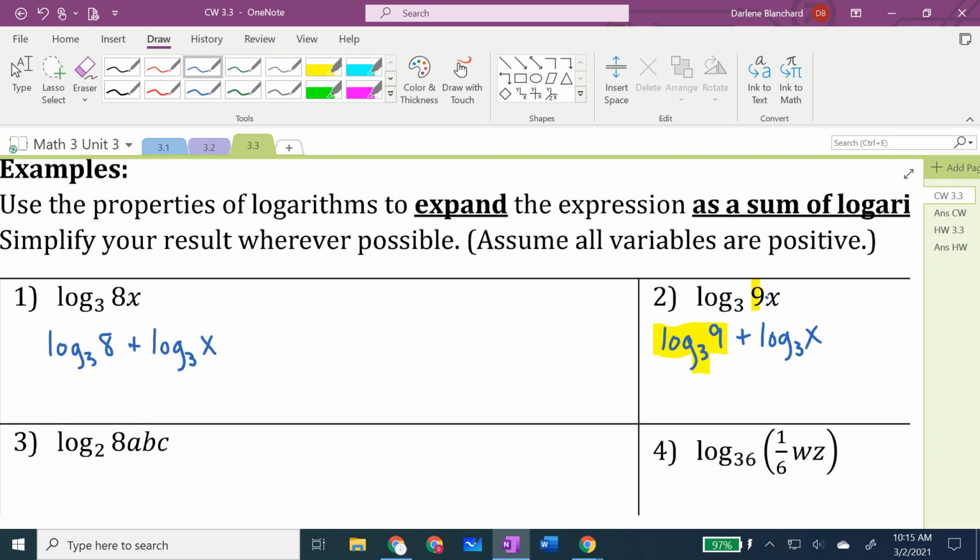You want to be able to now recognize when they are actually just a nice integer number, and then simplify further.